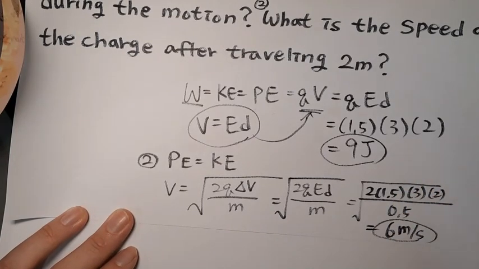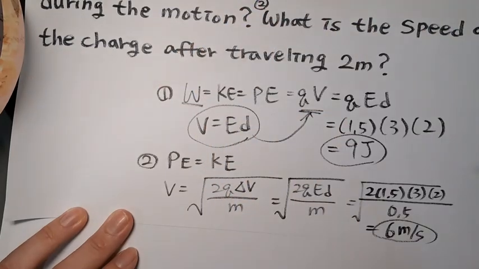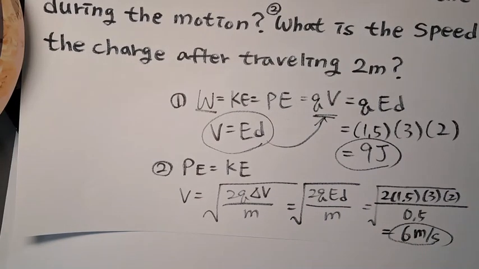So the speed of the charge after traveling 2 meters is going to be 6 meters per second. So the answer of the first question is 9 joules, and the answer of the second question is 6 meters per second.